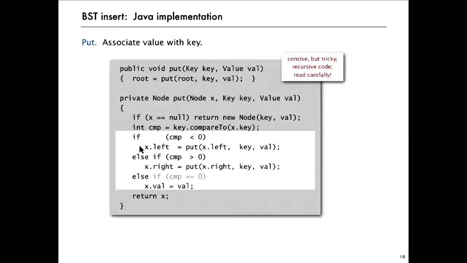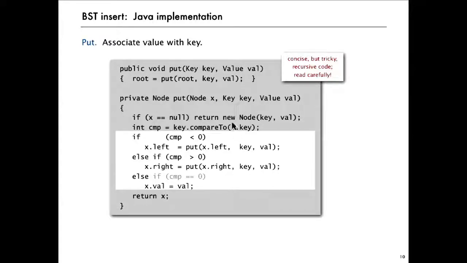We change our left link, which is right now null, to whatever put returns. So what's put going to return? Well, that left link is null, so in that call, x is null, a new node will be created, and the link to that node will be returned, and that's the link that we'll put in the left. This is very concise code that otherwise would have to have various cases about saving which link we went down in order to reset that later on.